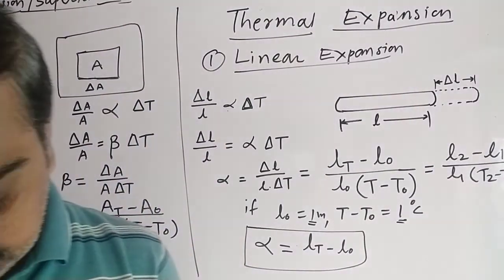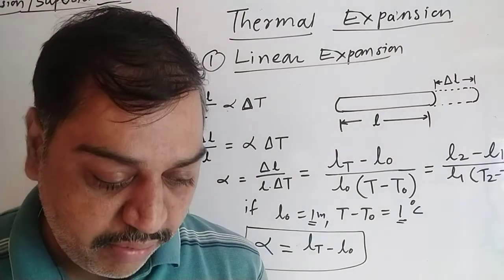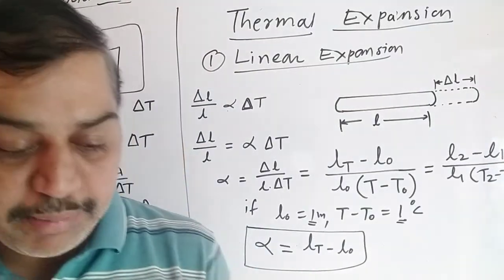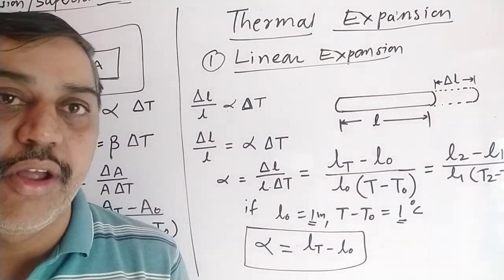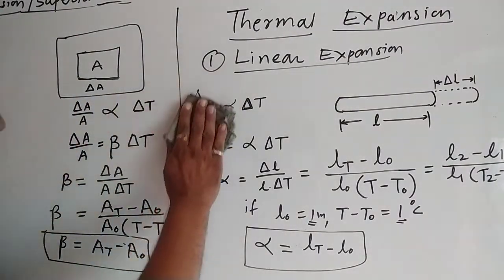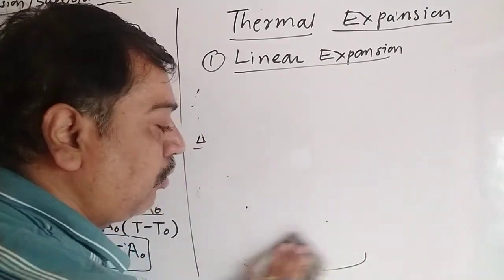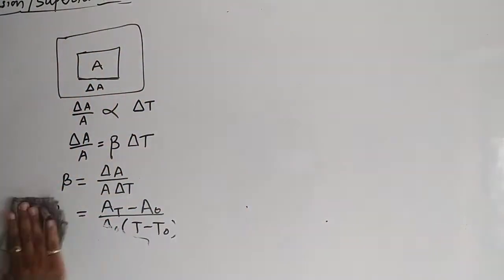Now it's a very simple parameter. After every expansion they have given one table with materials and the values of alpha, beta and gamma. Alpha is the coefficient of linear expansion, beta the coefficient of areal expansion, gamma the coefficient of volume expansion, that we have learned.